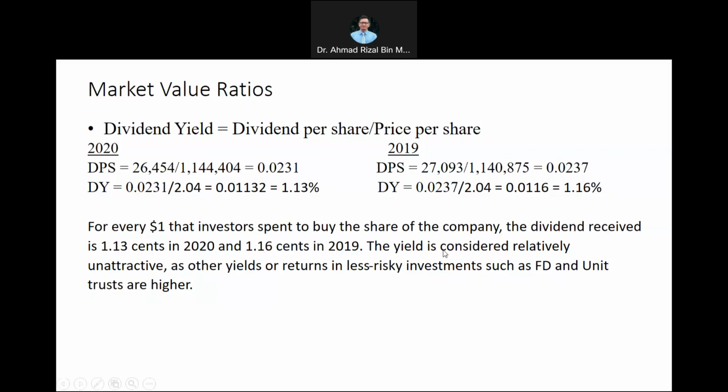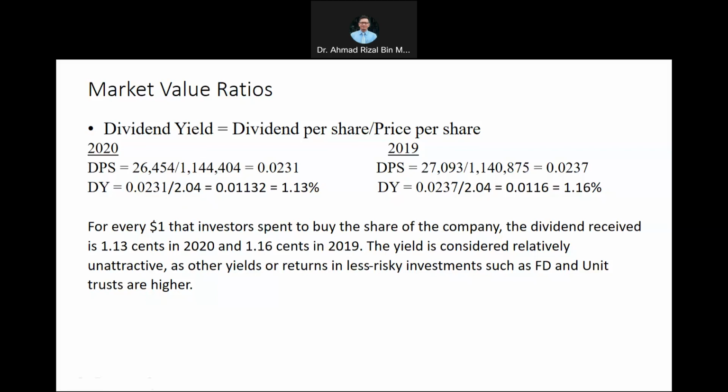Of course, if they put their money in even less risky investments like FD, unit trust, ASB and whatnot, you can get a much higher yield compared to investing in 7-Eleven. But that looks only at the dividend yield. For stocks, there is another component called the potential capital gain.